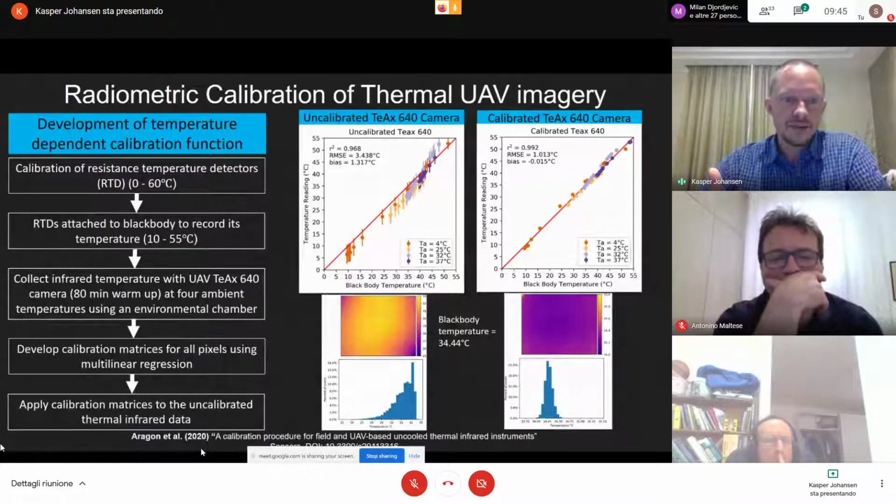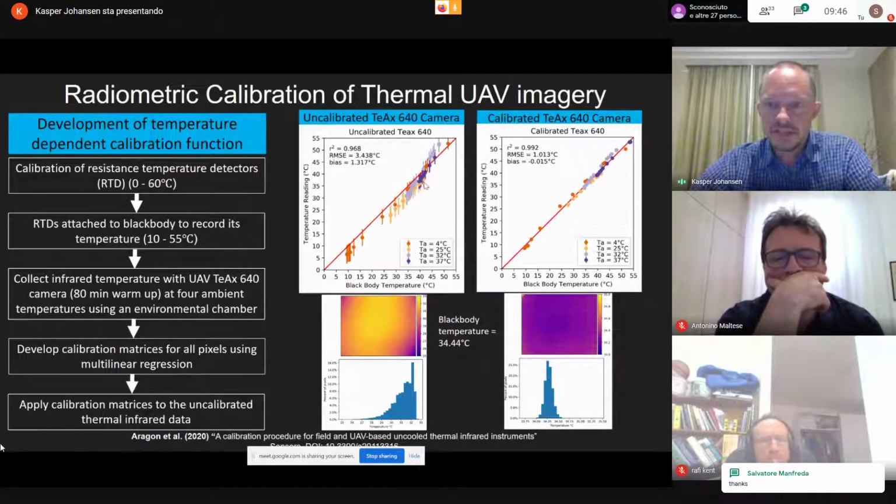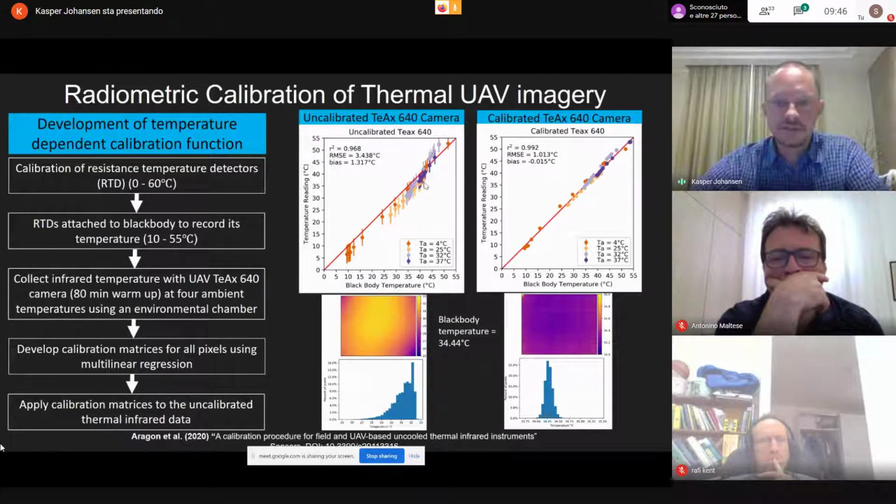We did that at 4 different ambient temperatures, basically to develop a calibration function for each individual pixel of the camera. What we ended up with was a calibration matrix we could apply to all the thermal photos. In the two graphs at the top, you can see quite a significant reduction in bias and the root mean square error between the actual black body temperatures and the measured temperatures.